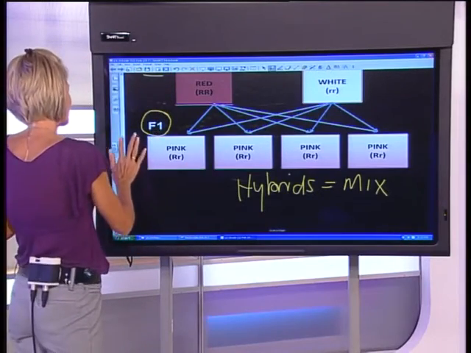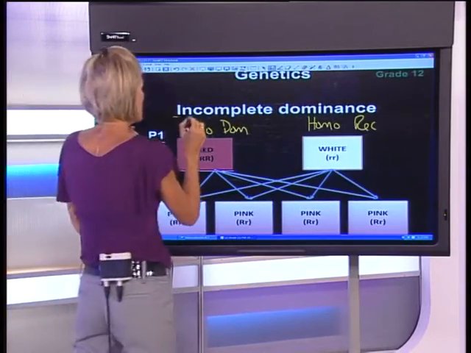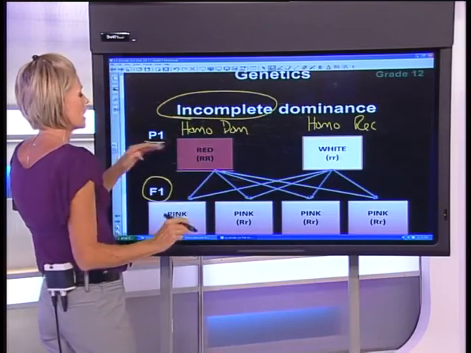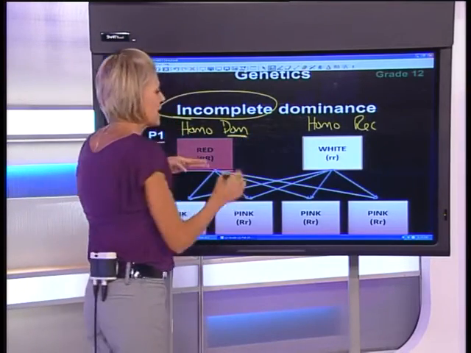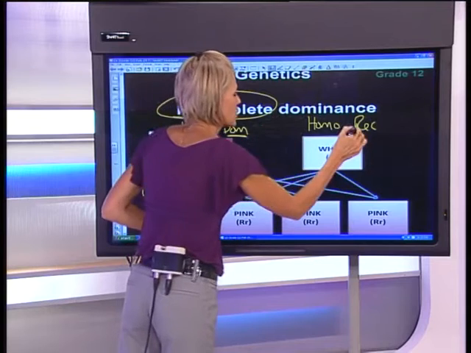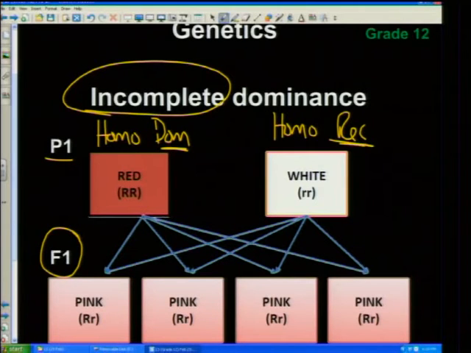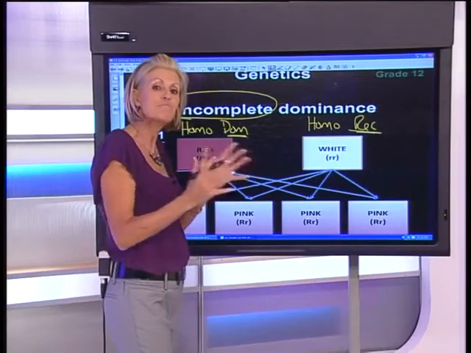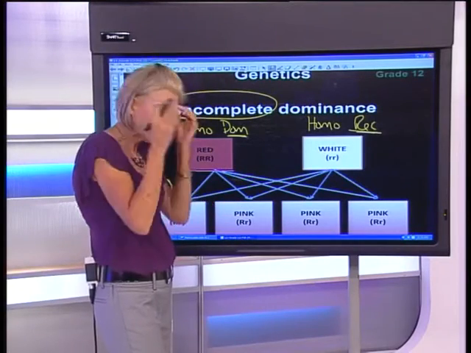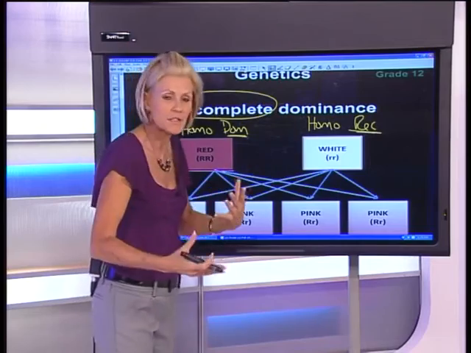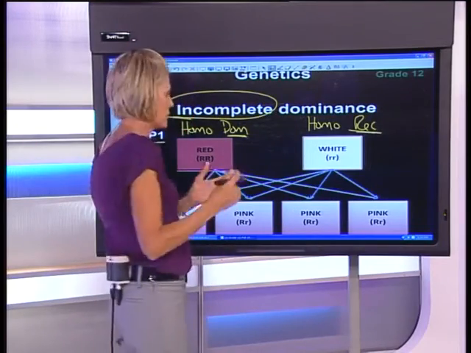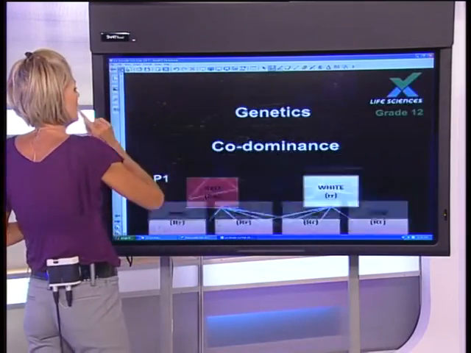That is if it is incomplete. In other words, the dominant gene does not dominate completely over the recessive gene. And they sort of strike a bargain and a compromise. It is a mixture of the two. And get that in your head. It is incomplete. It can't dominate completely. Okay?